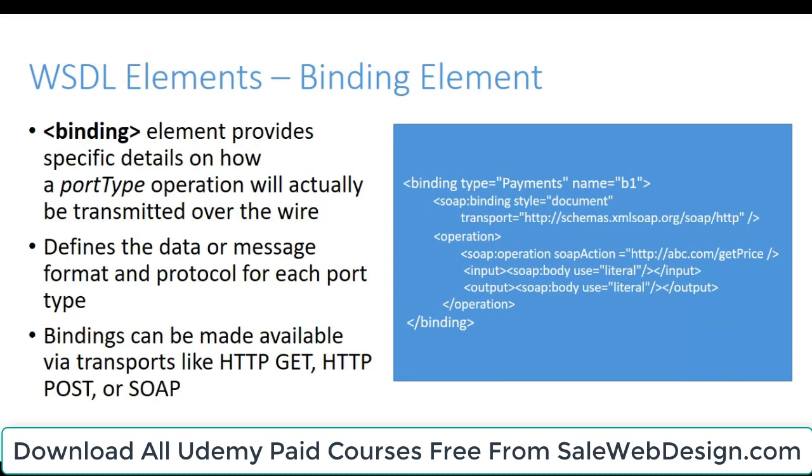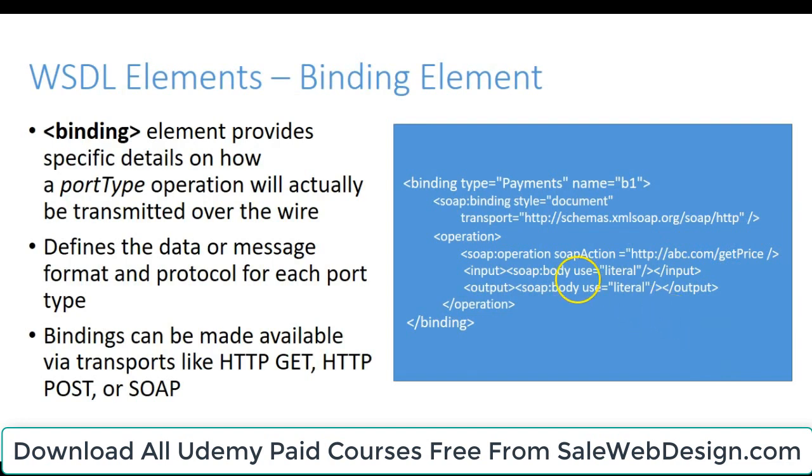In this example, I am using document, which is what we normally need to use in our WSDL files. The transport attribute defines the SOAP protocol to use. In this case, we use HTTP. It may also be something else like the SMTP protocol.